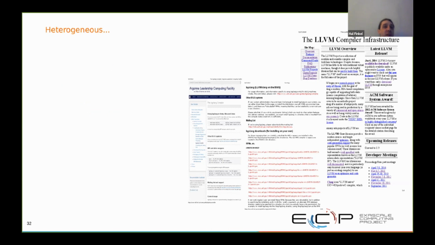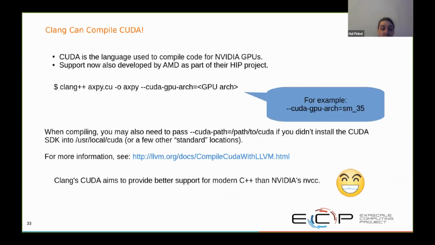The hardware is becoming even more varied. The ecosystem is becoming more diverse. And I think that's good for the overall ecosystem, but it does pose a challenge for applications and for tool writers and so on. And LLVM really sits at the center of making all of this work.